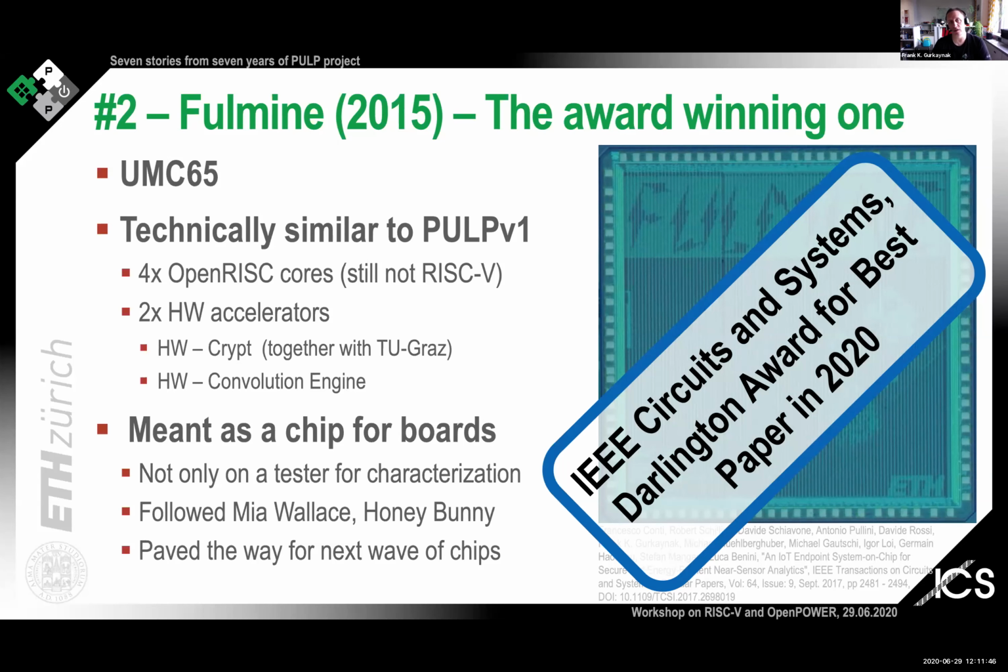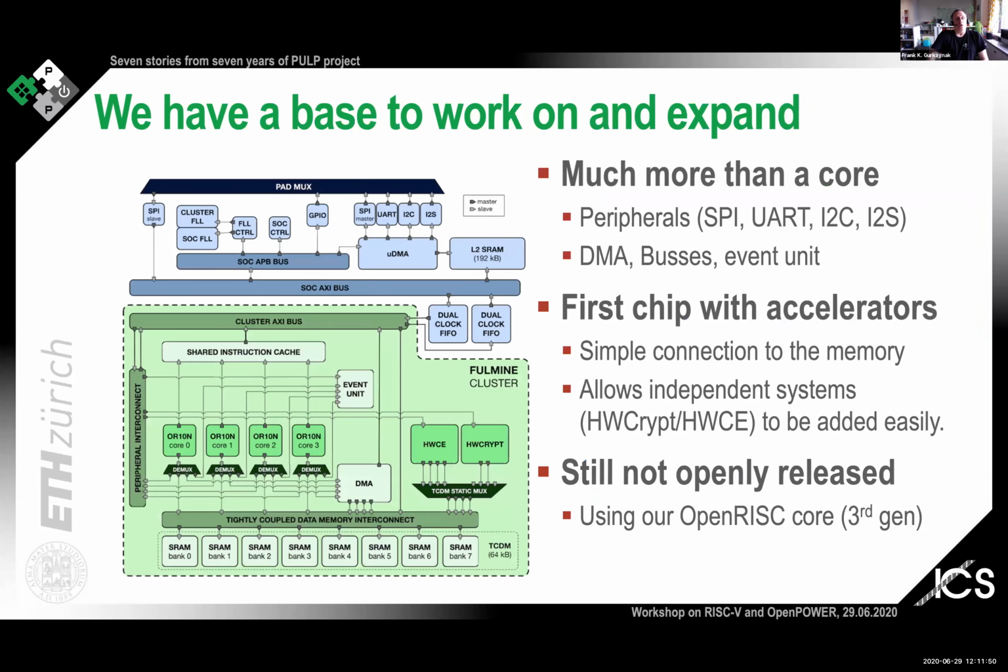So this chip was actually, we taped it out in 2015. So this is much more than a core. This was a base to work on and expand. And let me try to get the laser pointer here.